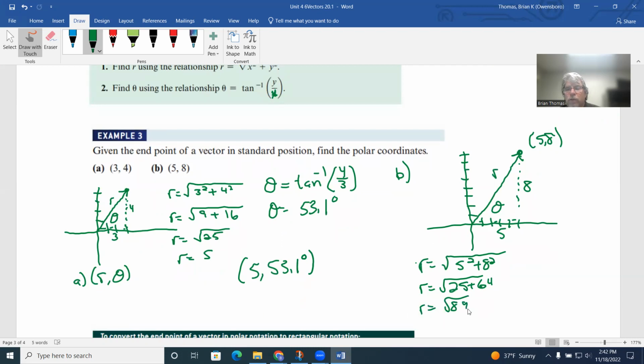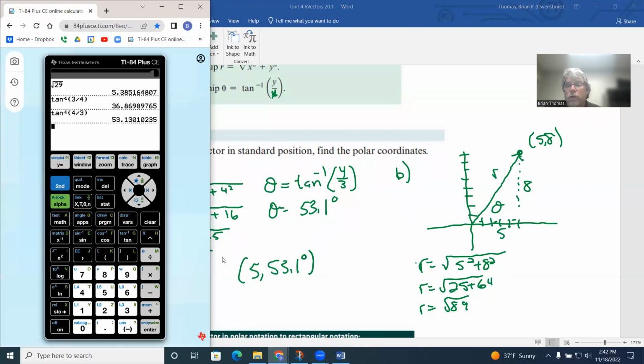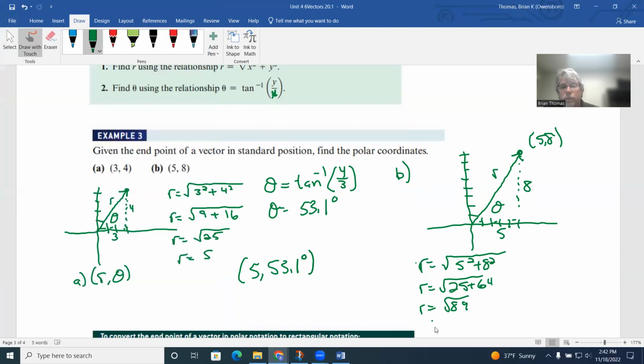Again, you don't have to do any of this math if you don't want to. You can put it in at the very beginning as the square root of 5 squared plus 8 squared. But I'm just going to do the square root of 89. If I round to the nearest tenth, that's 9.4.